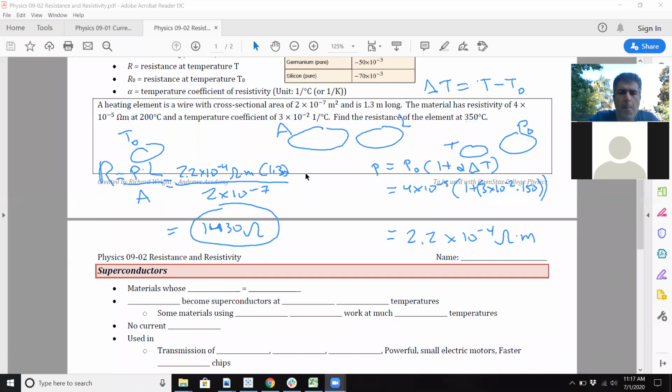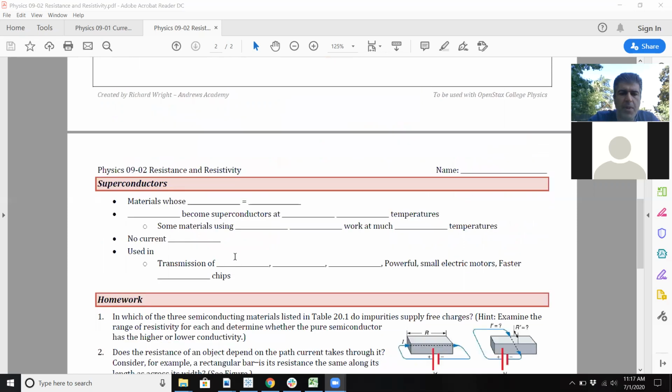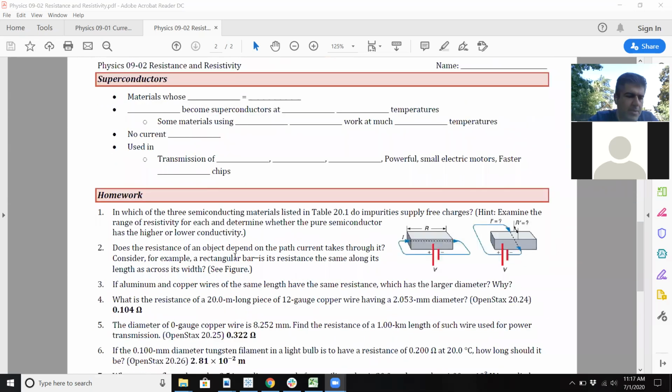Let me clear that right now. Let's talk about superconductors really quickly, and then I'll have you guys do a little bit of practice. A superconductor is one whose resistivity is 0. So it's very good at conducting electricity.